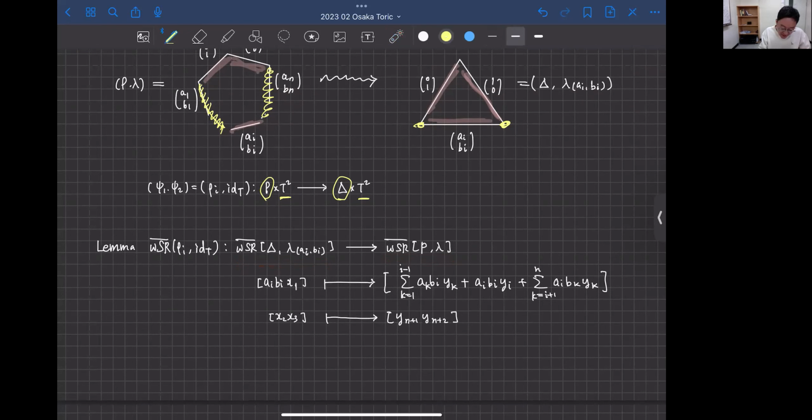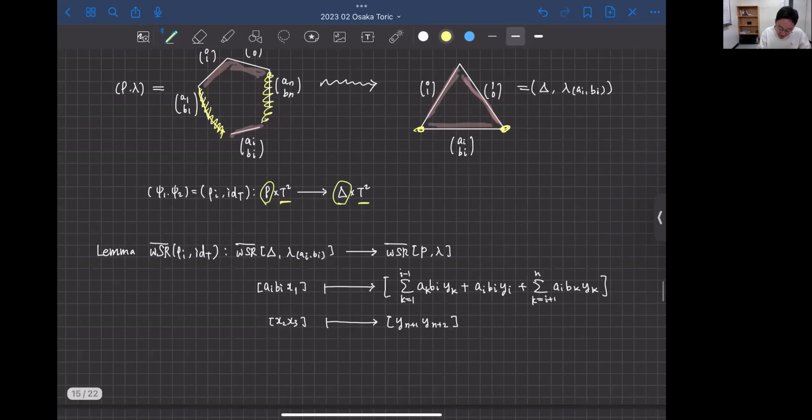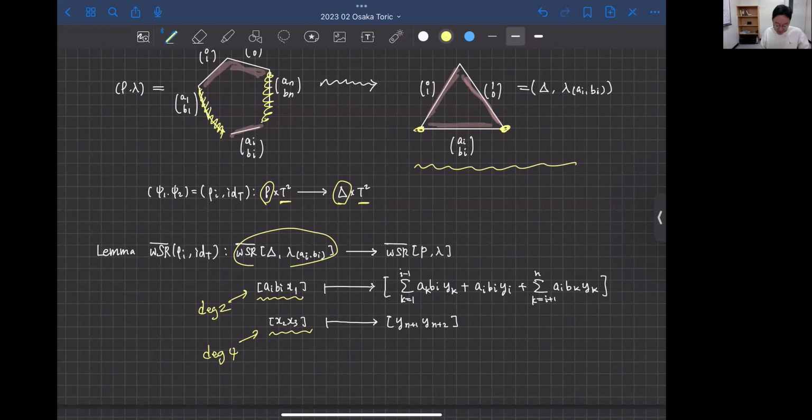Remember that, okay, I was too sloppy about this explanation, but this weighted Stanley-Reisner ring has a generator, generated by this element and this element in degree 2 and degree 4, right? So these are generators for degree 2 and degree 4. And so it is enough to just look at these two elements, how they go to the target space.